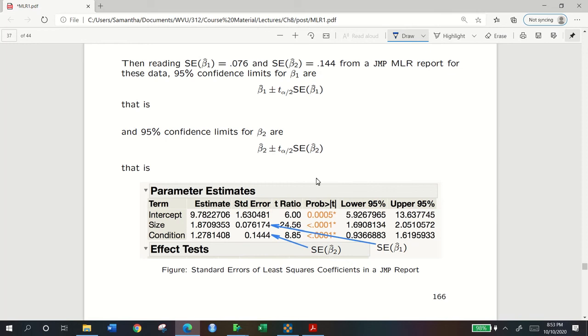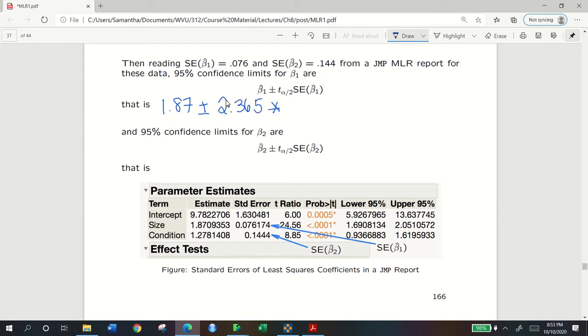So as you can see, we have our JMP report that gives us our least squares coefficients. And our column where it says standard error, that is the standard error of our estimates. And so what this means for us is that for size, we can create the confidence interval of 1.87 plus or minus our t alpha over 2. If we use our t table with degrees of freedom of 7, we would get a critical value of 2.365.